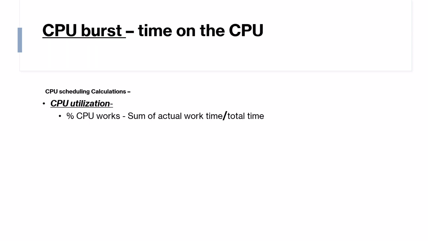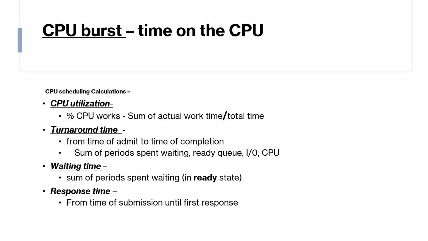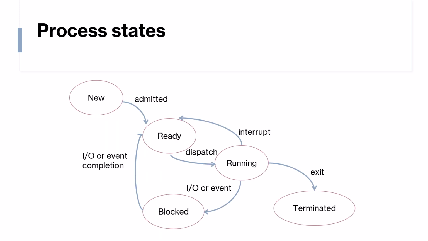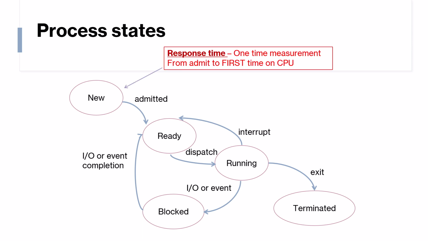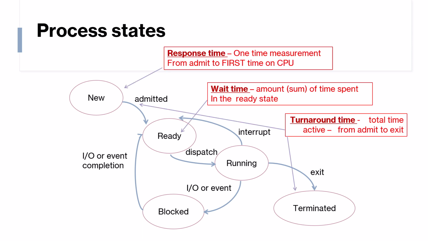Okay, so these are the calculations again: CPU utilization, turnaround time, waiting time, and response time. So we're going to do some algorithms. In the next video, we're going to get started doing some algorithms. This is just reviewing what the wait time, the response time, and the turnaround time are.